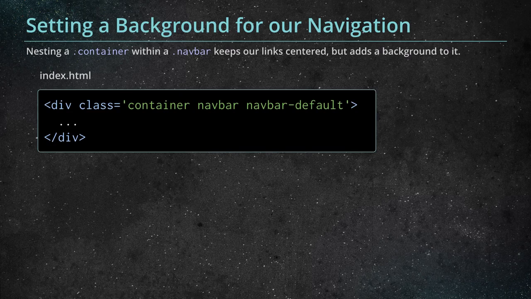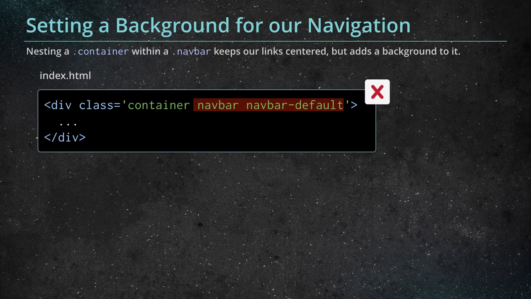Here's what the HTML for our navigation looks like right now. We have one div that is being centered thanks to our container class, and has all of the styles for a navigation bar thanks to our other two navigation classes. What we want, though, is for our container to be inside of our navigation bar.